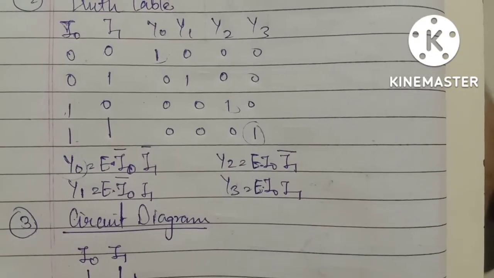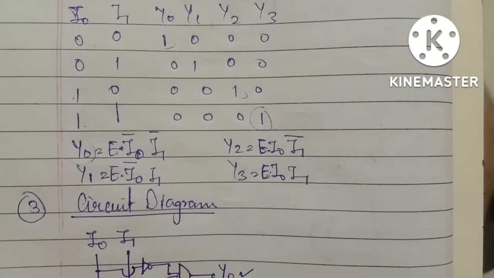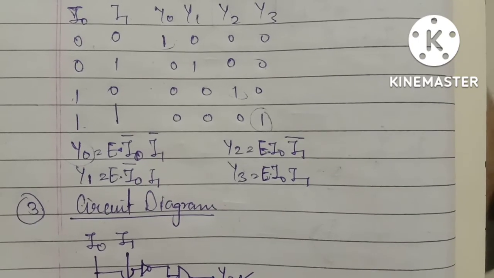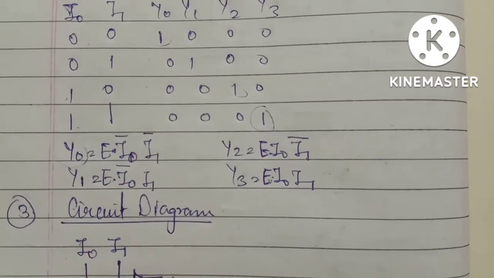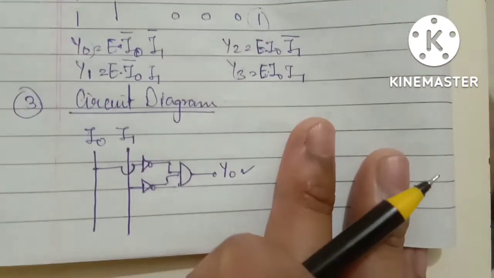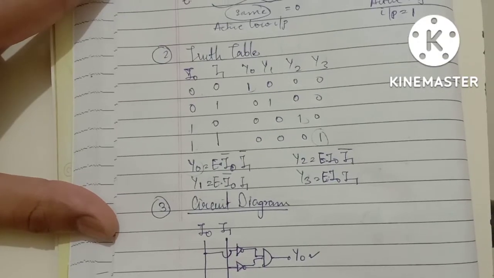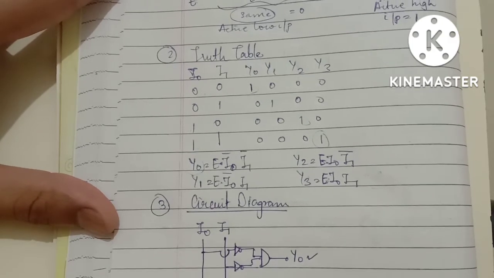Many times they don't give it, but sometimes it is given, then you have to multiply by E, and write whatever the minterms are. Clear? So this is your circuit diagram. Whatever the basic things are, you need to learn them.